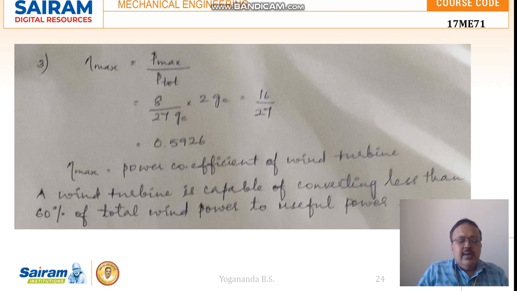The gc cancels here, and we get the ratio as 16 by 27. In decimals, that is 0.5926. That means the wind turbine is capable of converting less than 60% of the total wind power to useful power. Out of the total wind power available, only about 60% will be converted to useful power.